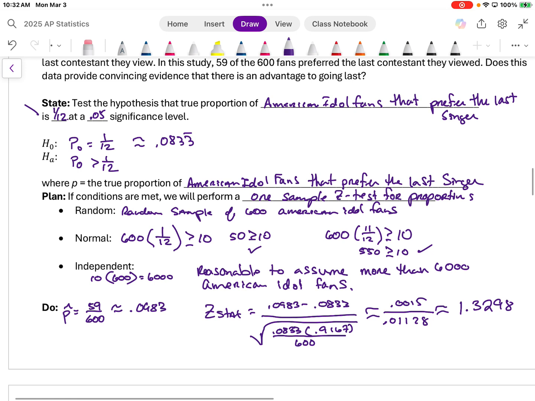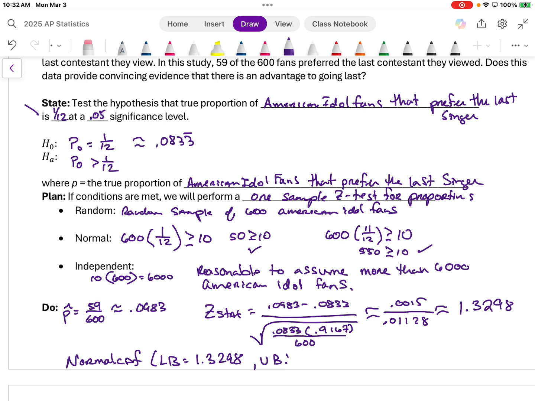Now, I am doing a greater than. So as I set up my normal CDF, my lower bound is my z statistic, 1.3298. For my upper bound, we can use some really big number. Since we're doing z-scores, 10 is fine to cap it at.